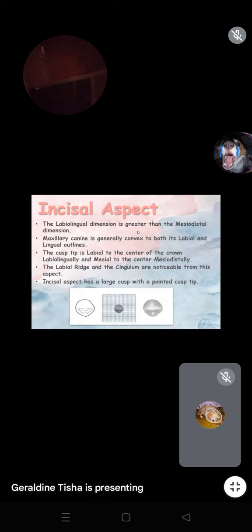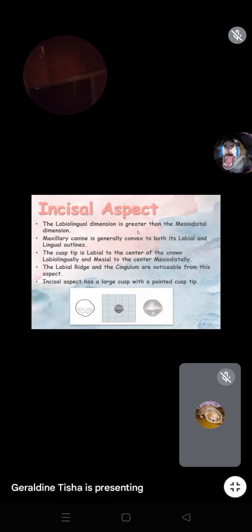Greater width, mesiodistally or labiolingually? In terms of canines, from the first bullet, labiolingual is greater than mesiodistal. What did you mention a while ago? Mesiodistal is greater, right?